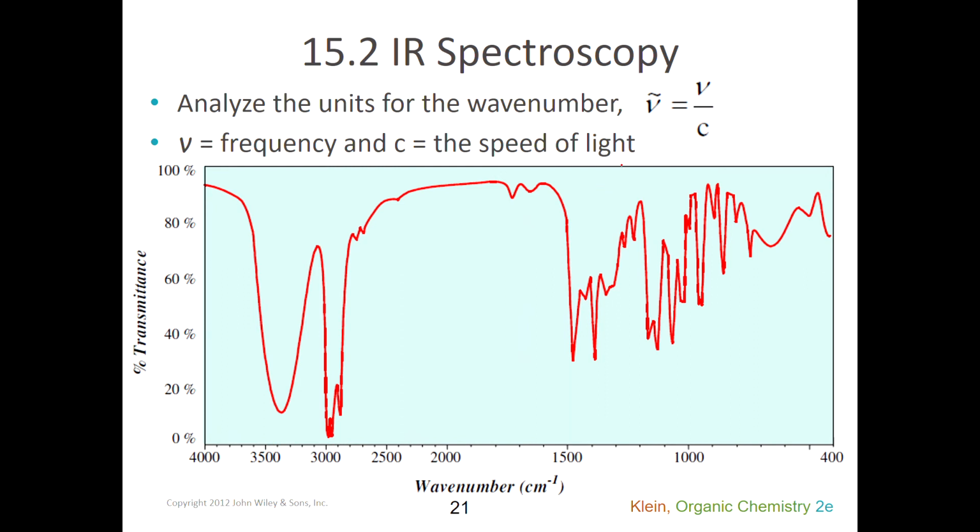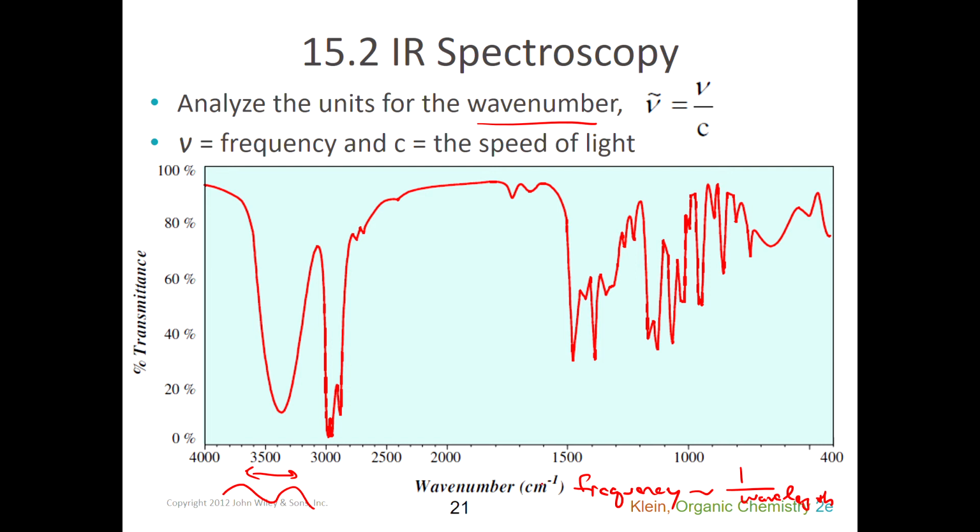So the wave number units on the bottom here are basically measuring frequency. This is really the equivalent of 1 over the wavelength. That's why we have inverse distance units, right? We said wavelength is the distance between waves.